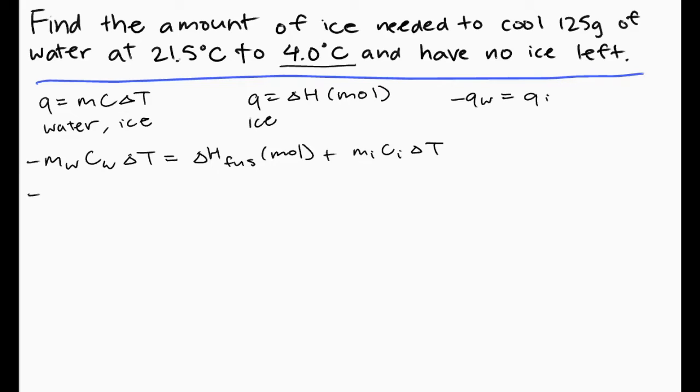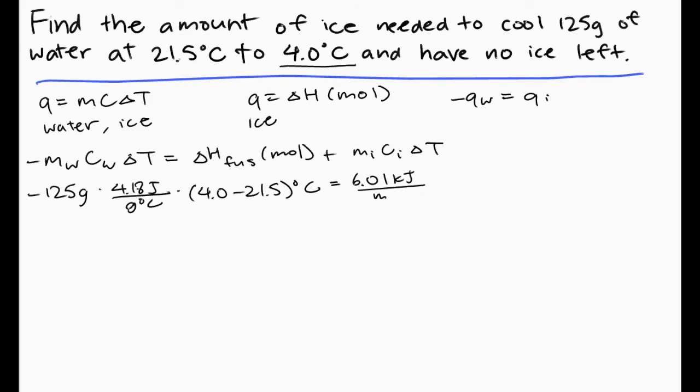So we have the mass of the water is 125 grams times the specific heat capacity times delta T, which is 4.0 minus 21.5 degrees Celsius. And this equals heat of fusion, which we know is 6.01 kilojoules over mole, times 1 mole of water, which we found previously, the molar mass of water is 18 grams.